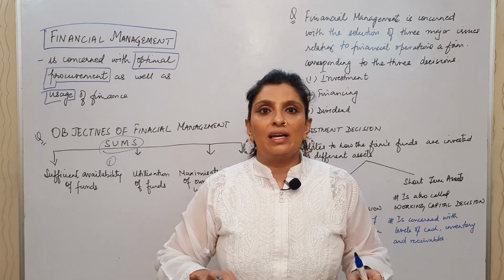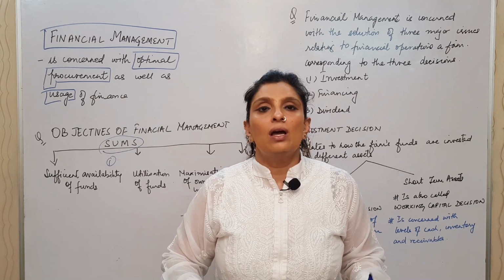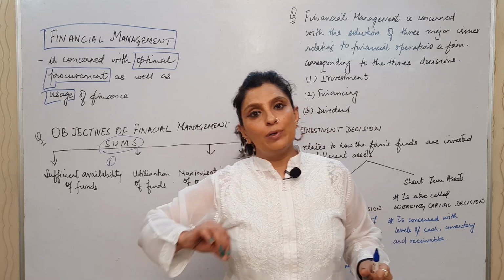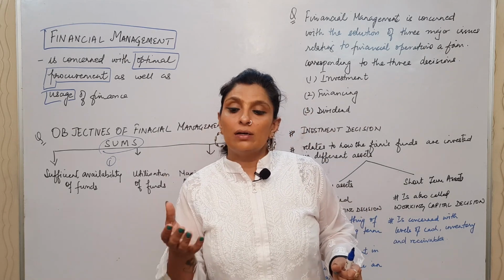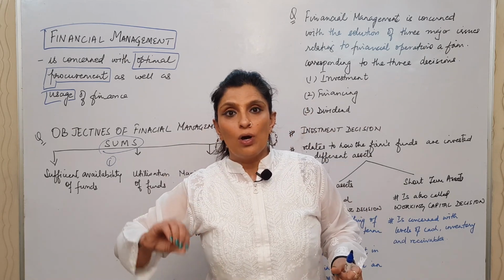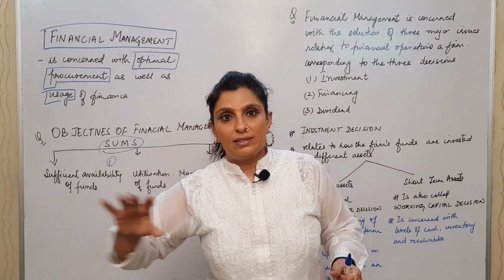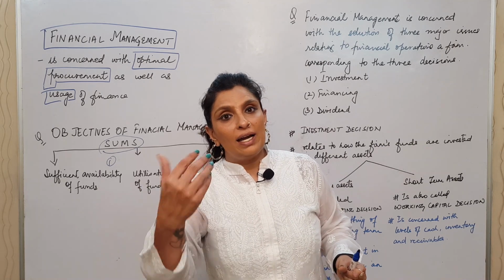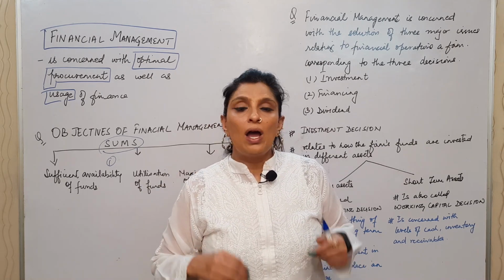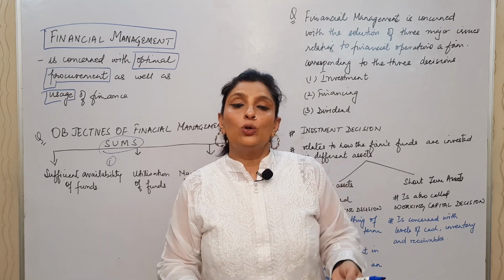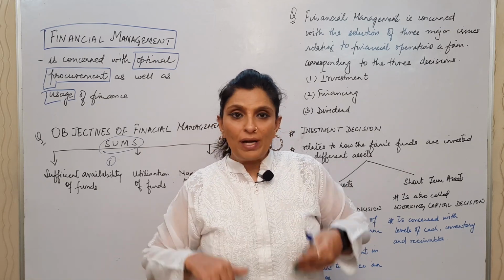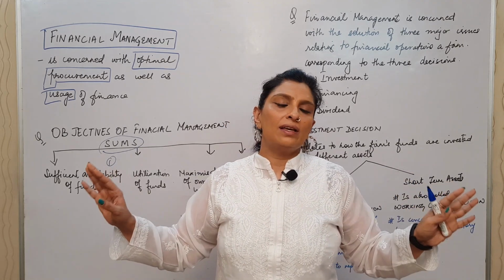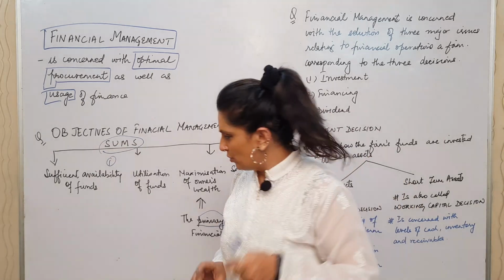So whenever in an organization the equity shareholder gets more return, and is able to pay off the creditors, pay off the debenture holders their rate of interest, pay off any other expenses, and then still has money to reinvest or to pay to the equity shareholders, that means his wealth is maximizing. How? I'll let you know.